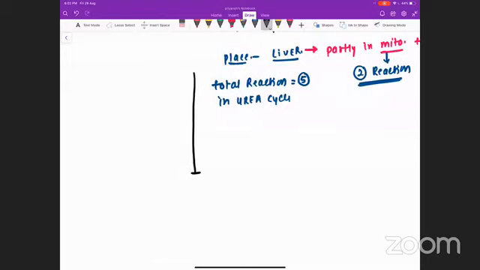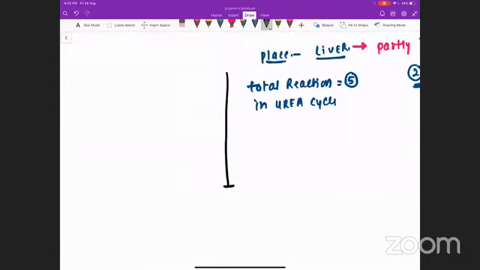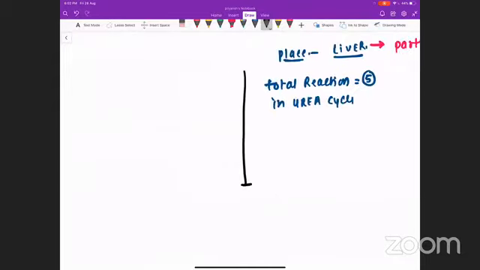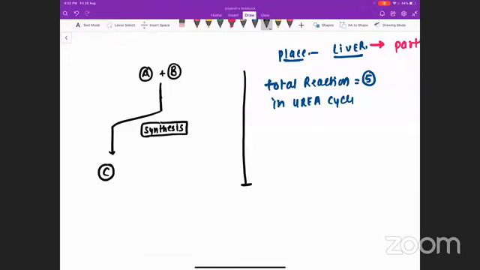Now the second thumb rule: let's say there are 2 molecules, A and B. These 2 small molecules unite and generate a big molecule, let's say C. This is a synthesis process: 2 small molecules uniting to make a bigger molecule C.